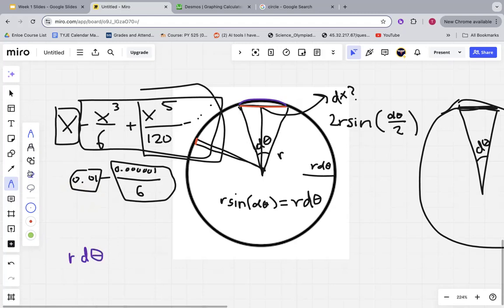And if we subtract out this, let's write it as r sine d theta. Well, using our Taylor series from here, this is approximately equal to r times d theta cubed over 6 plus d theta to the 5, and so on.